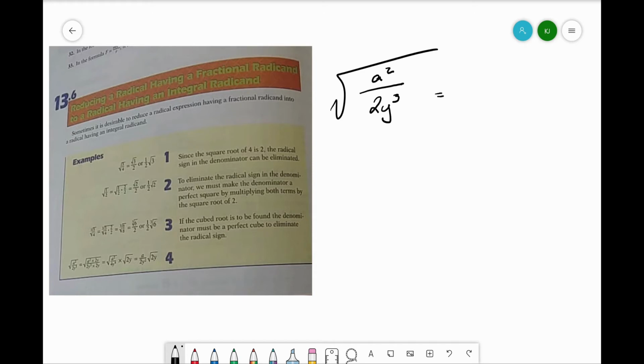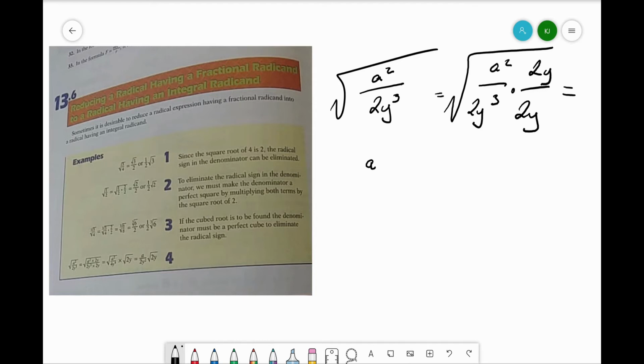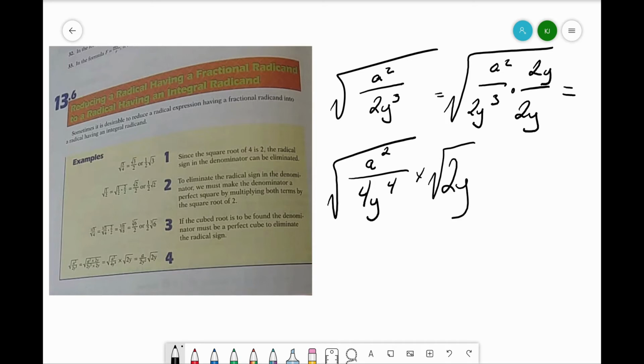Now again, we want to make this so that it's something that we can reduce, so we're going to multiply the whole thing by 2y over 2y, as that would give us a squared over 4y to the power of 4 times 2y, which then when we reduce this is just a over 2y squared times 2y.